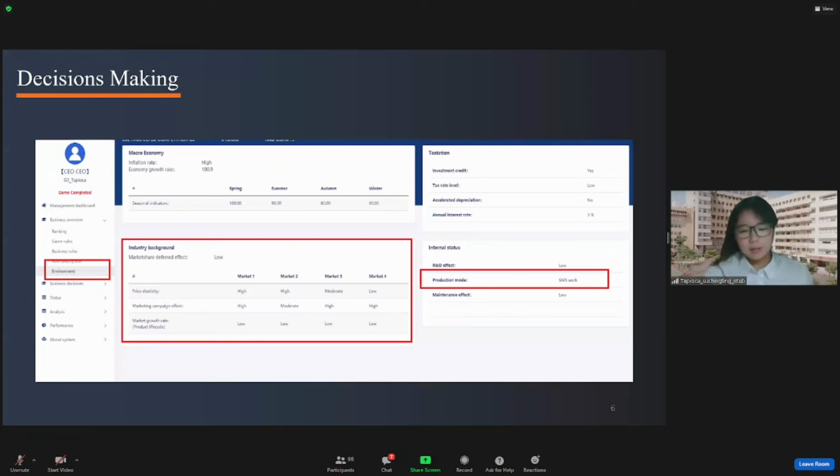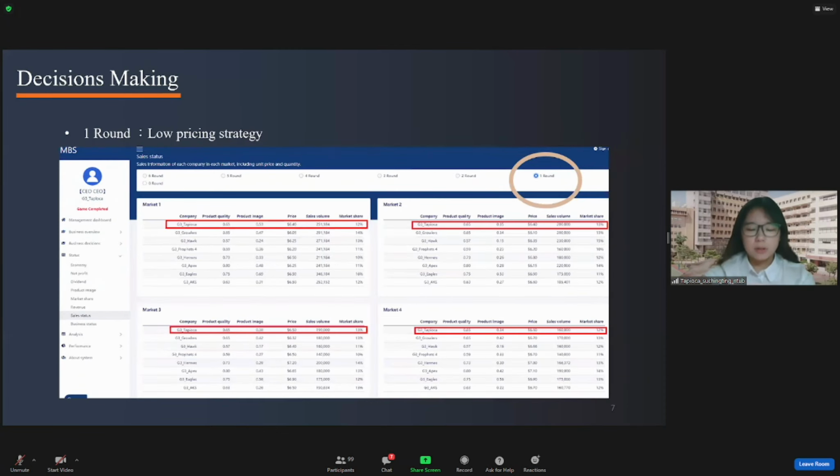Especially we focus on the marketing campaign, which has a high effect on the market. For that reason, we made our decision for the first round. That's where we encountered our first trial and a little mistake in our first decision.